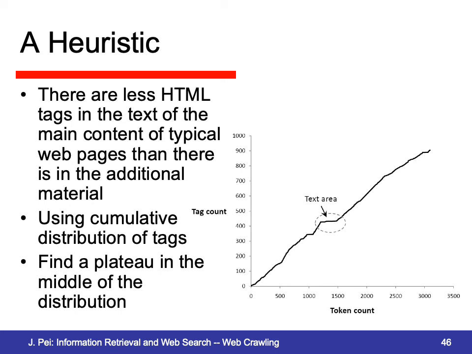You count the number of tags along the tokens, the words in the document. If the area is an advertisement, if these are banners, then the number of those HTML tags will increase. But in the main text area, like here, it will be relatively flat. So we identify this relatively flat area as the main text area. Of course, this is a heuristic.